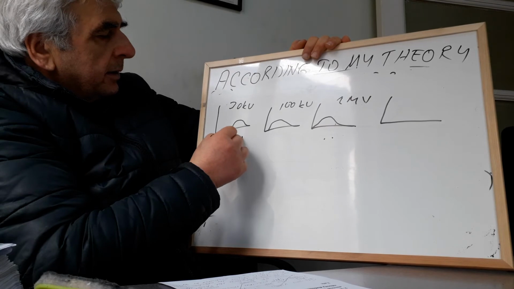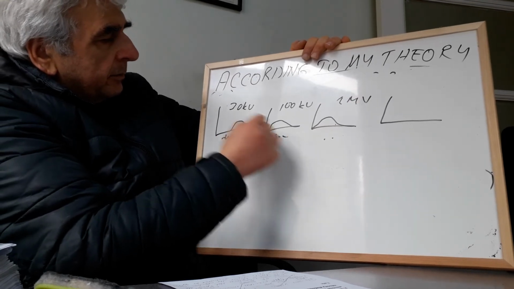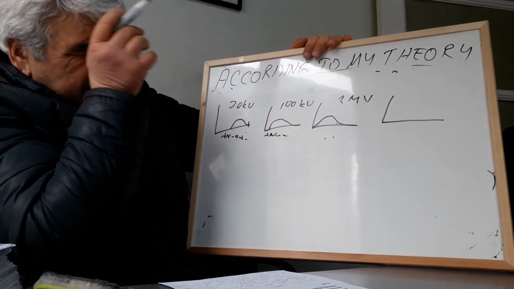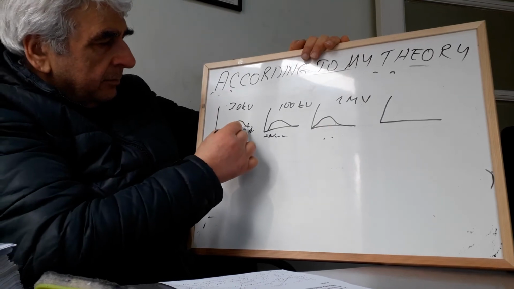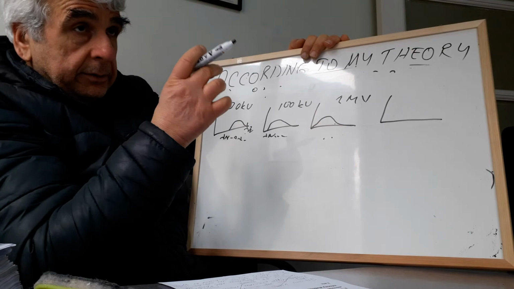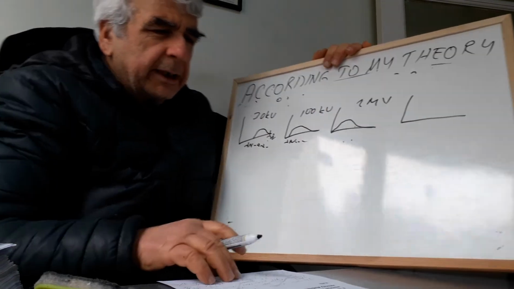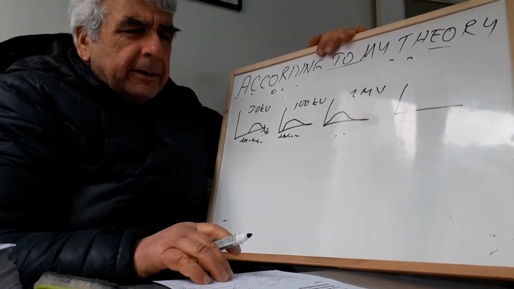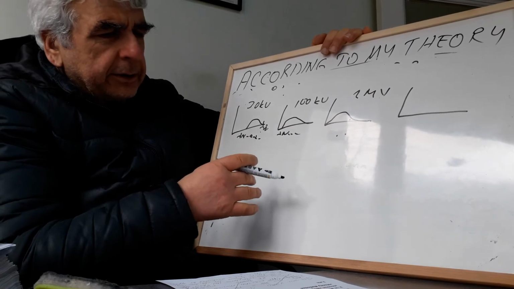Lambda n minus delta lambda for different electron motion forms, different sizes of electron motion forms. I will do that.